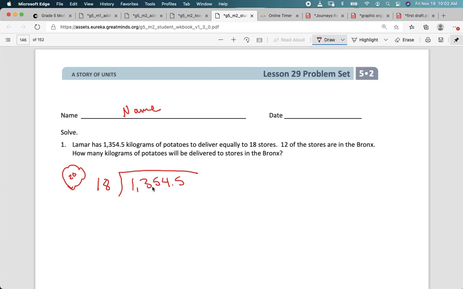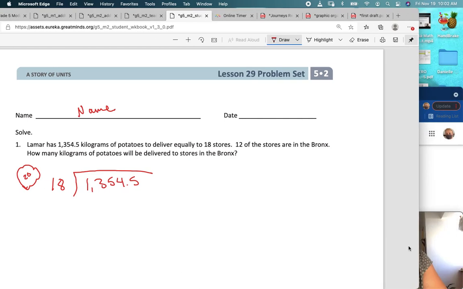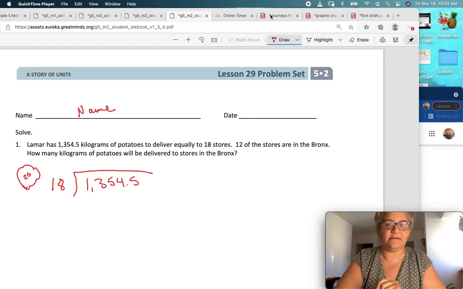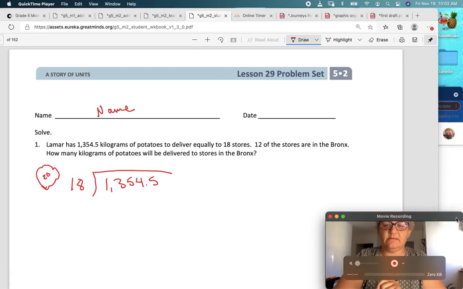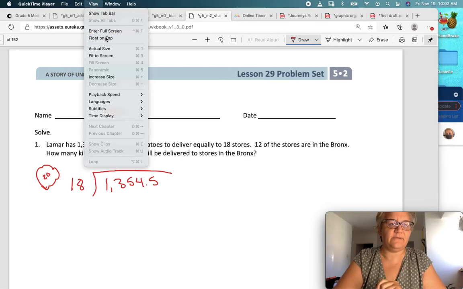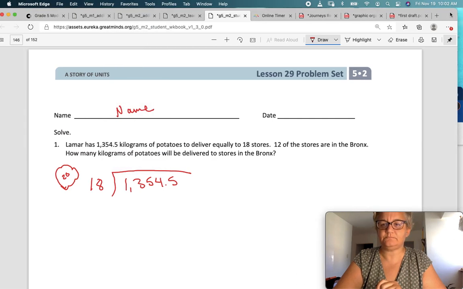So 20, 40, 60, 80, 100, 120, and I just realized that my camera is down there. So let me bring that back to you. Okay, view, float on top, there it is.